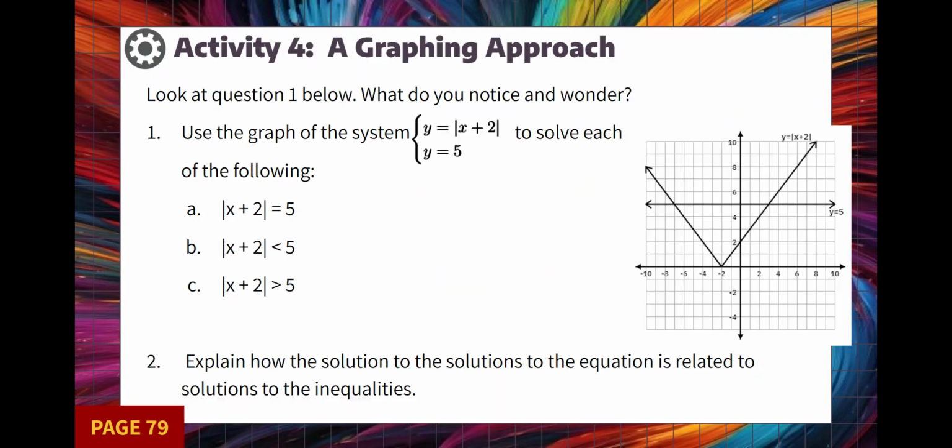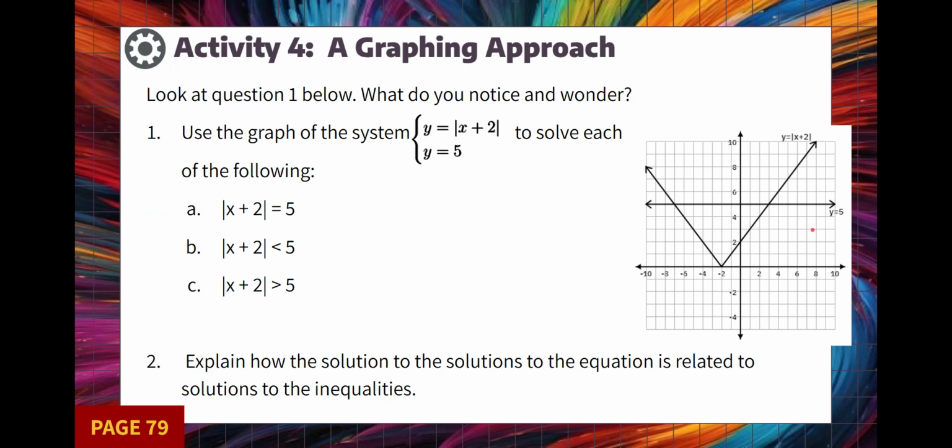A graph approach. Okay. So it says here, use the graph of the system y equals absolute value of x plus 2 to solve each. And then the other one is y equals 5 of the following. Now A, B, C. Okay, so this is your graph for the absolute value of x plus 2.